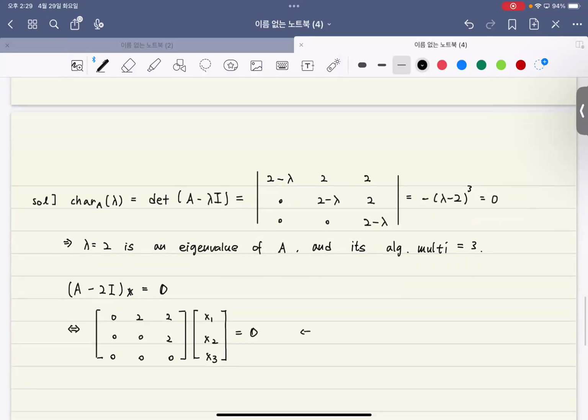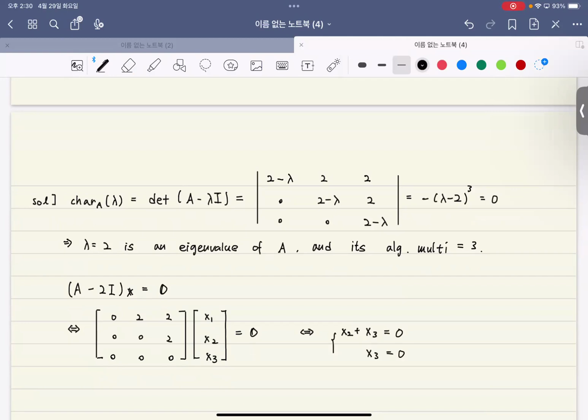So I have 2 x2 plus 2 x3 equals 0, and 2 x3 equals 0.